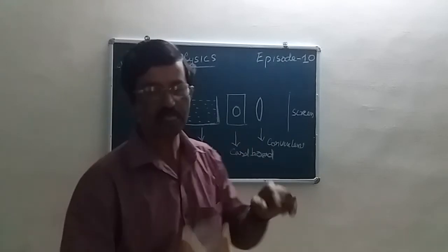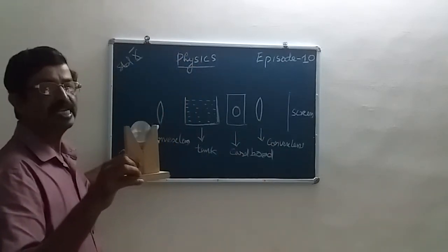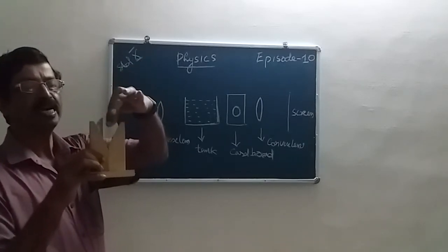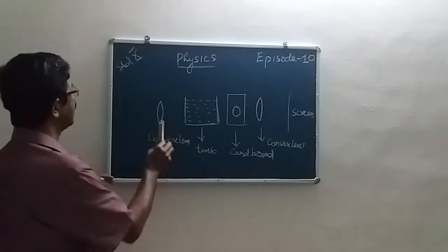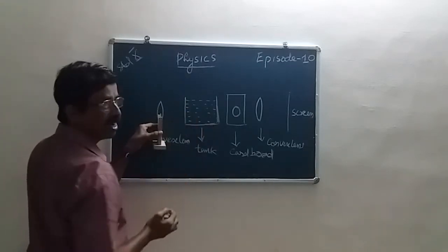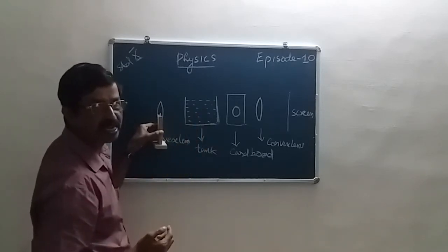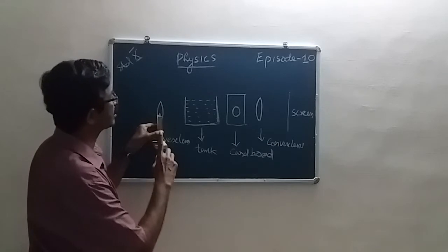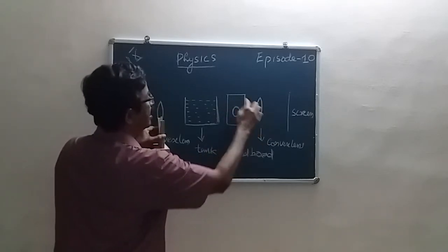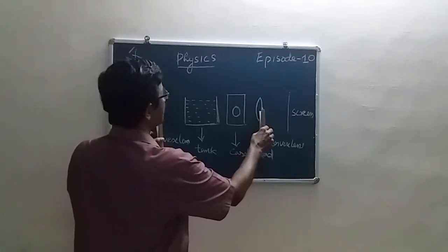This is a convex lens placed in a lens stand, then you arrange a glass tank, and in it take 2 liters of clear water. Then this is a cardboard with a hole, and here again another convex lens.